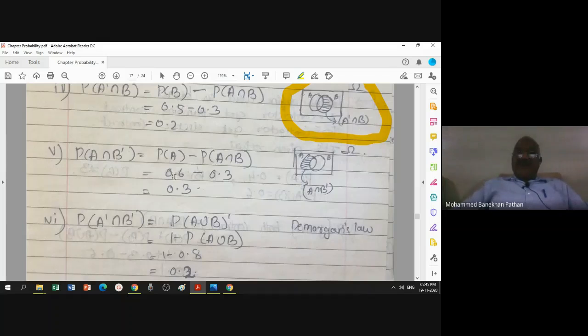P(A) is given as 0.6, P of A intersection B is given as 0.3, so the result becomes 0.3.